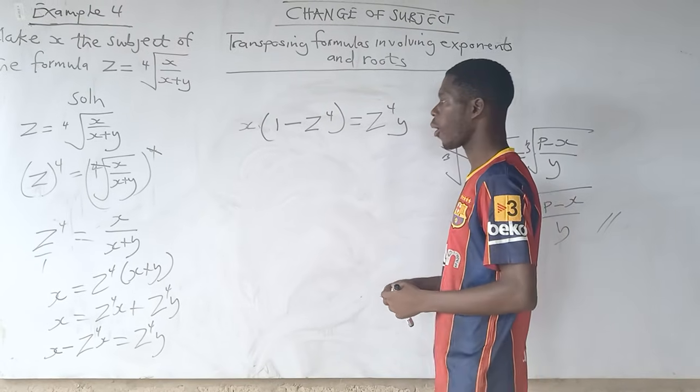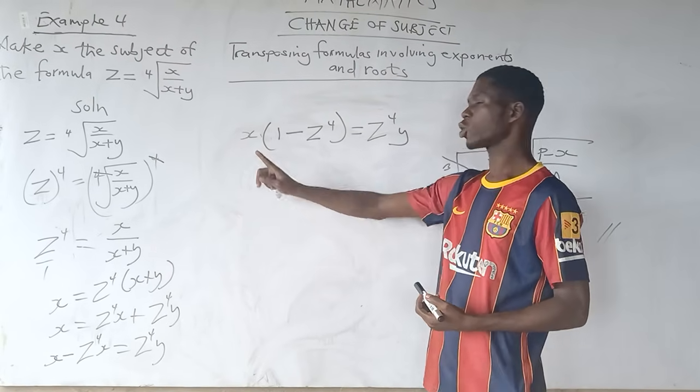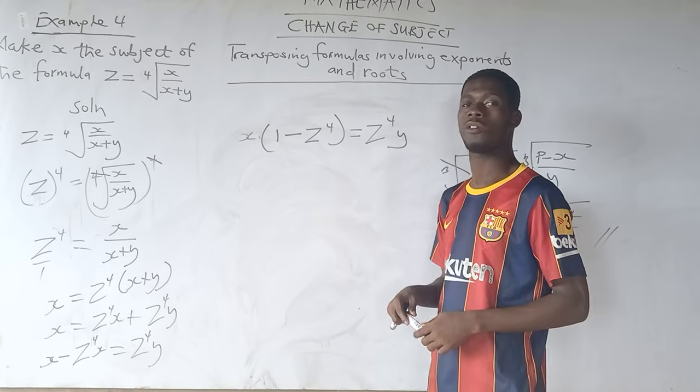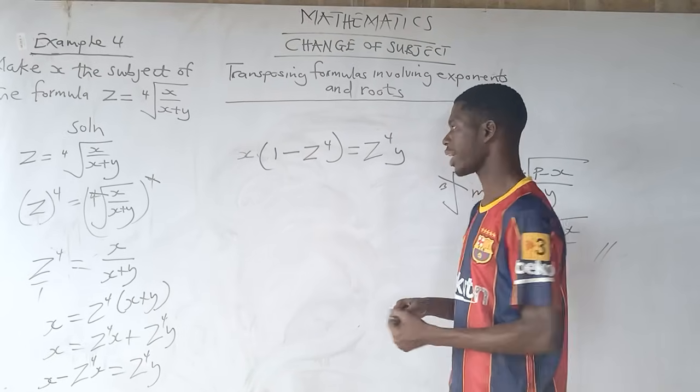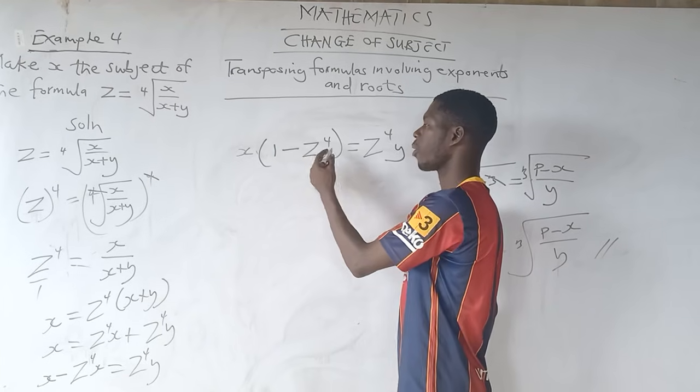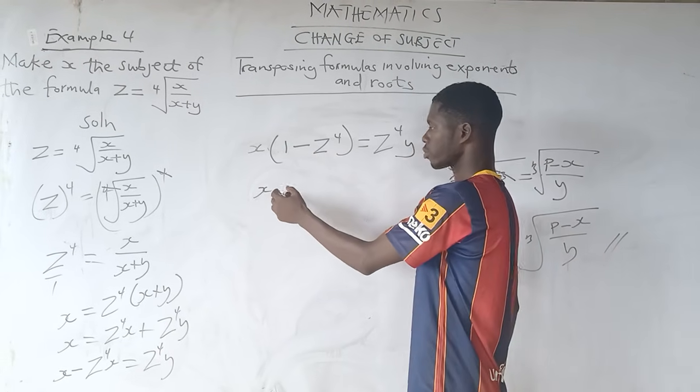Then now we are looking for x. So you can divide both sides by the coefficient of x, which is 1 minus z to the power 4.